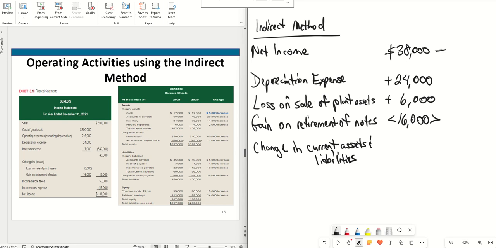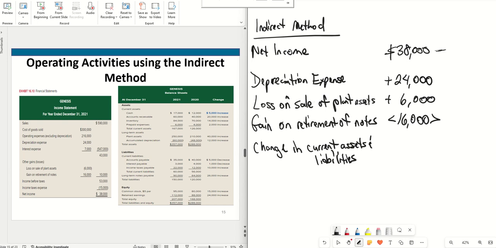Since this was an increase in credit sales, this did affect the net income bottom line positively. And since we want to get to the true cash balance, that $20,000 increase is going to be subtracted from net income.